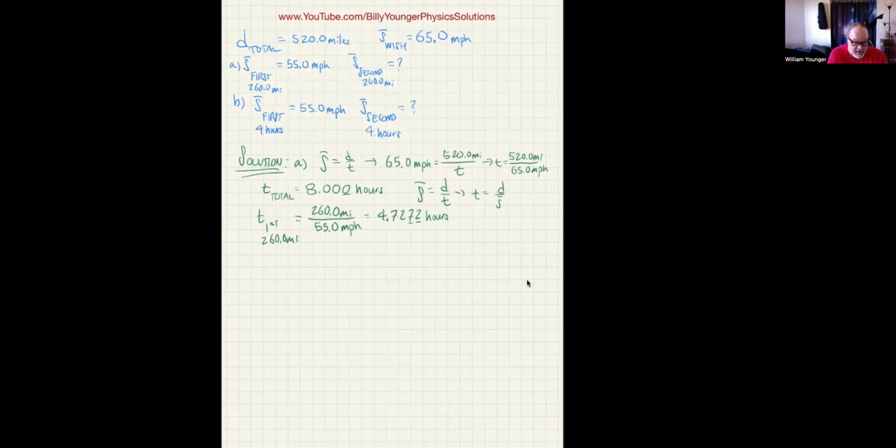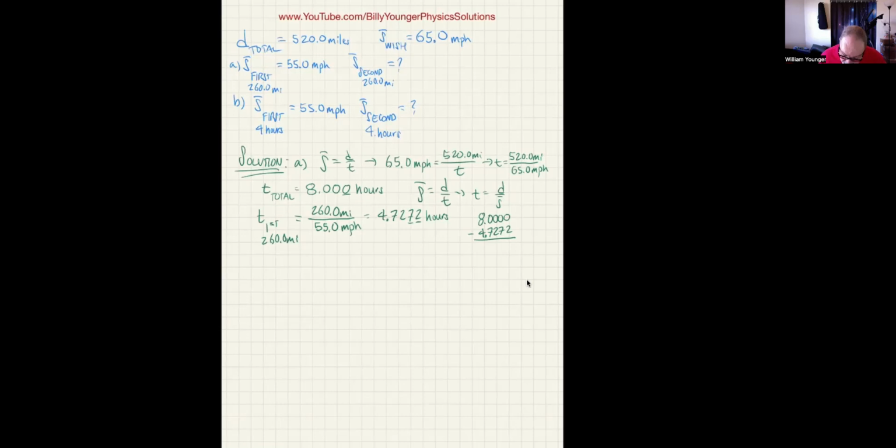Okay, now that means all the time I have left, since we decided it was supposed to be 8 hours total to average 65 miles per hour, then 8.0000 hours minus 4.7272 hours is how much time I have left for the remaining 260 miles of the trip.